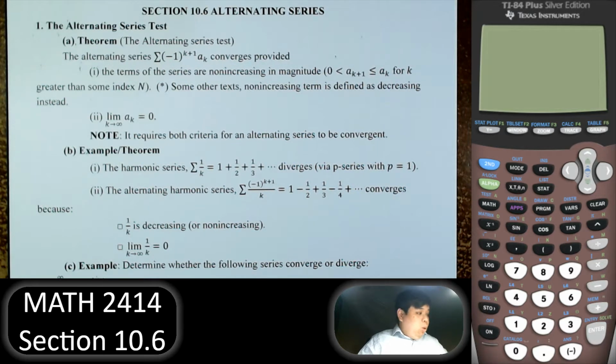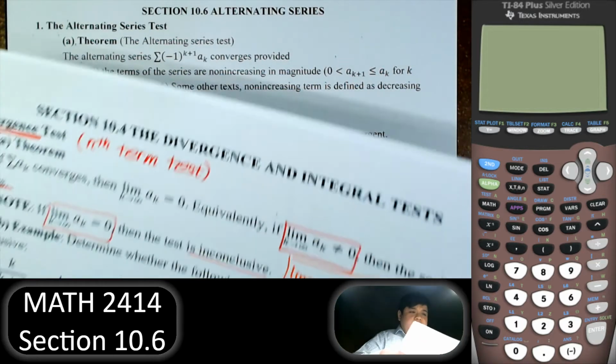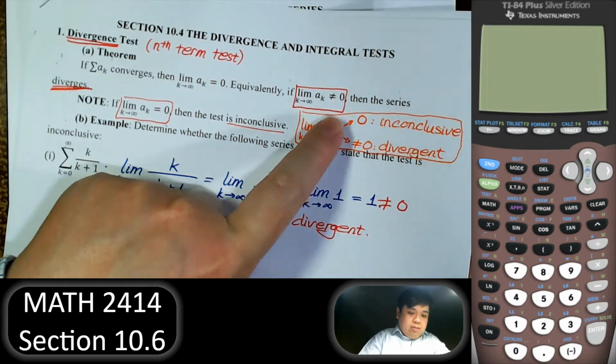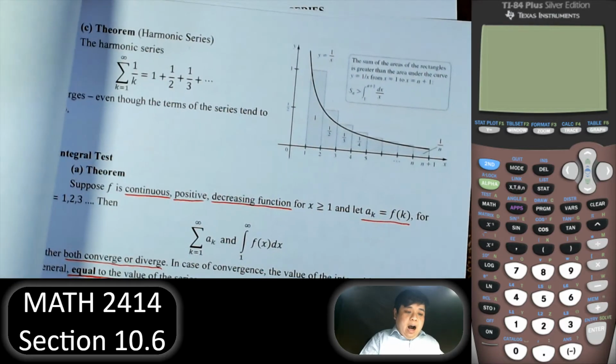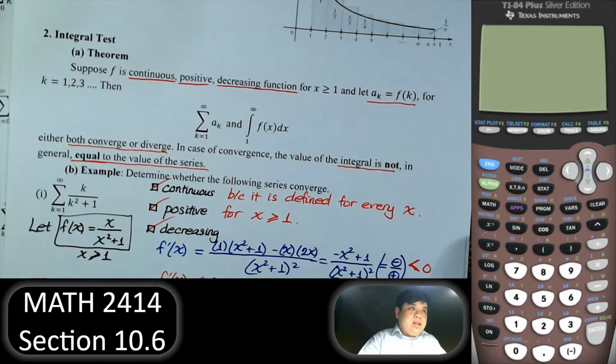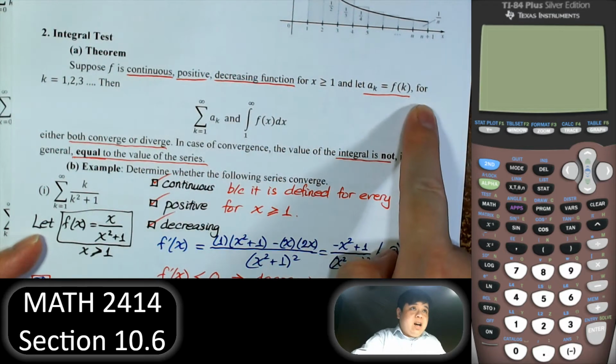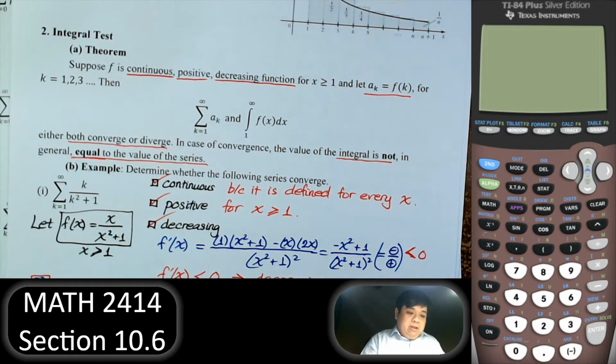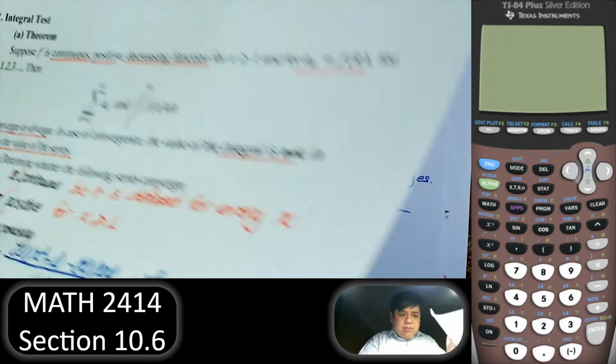Up to this point, what we have are a lot of tests, so let's just review real quick. The divergent test only works for divergence. That is the criteria. Next, we have the integral test. When all of these are satisfied, the integral and the series will behave the same. Those are the tests.